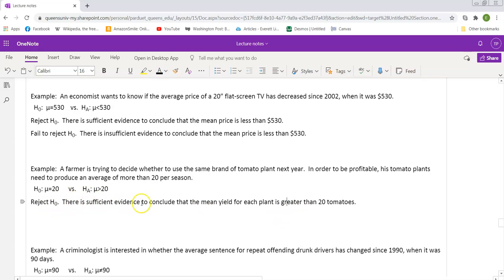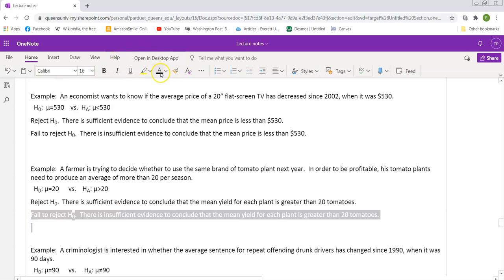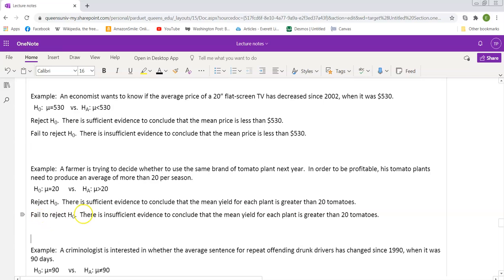So reject H naught, there is sufficient evidence to conclude that the mean yield for each plant is greater than 20 tomatoes. And keep in mind, this is for the population. We know what the sample mean is because we collected it from a sample, and we calculated our mean there. The other possibility is that we fail to reject H naught and say there is not sufficient evidence to conclude that the population mean is greater than 20.